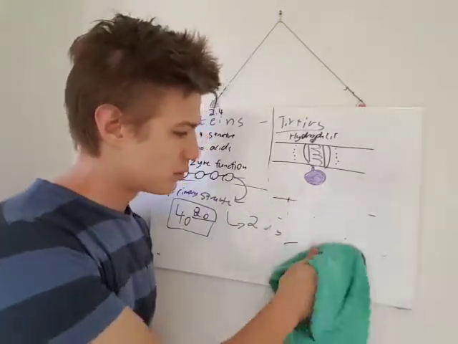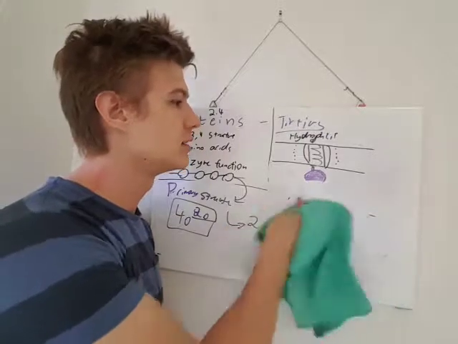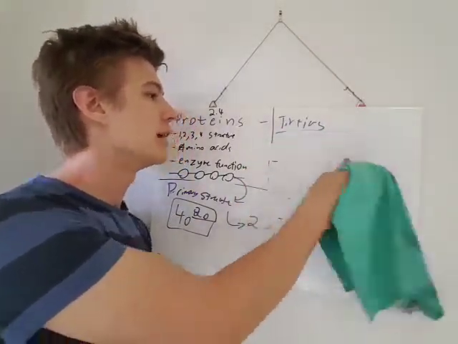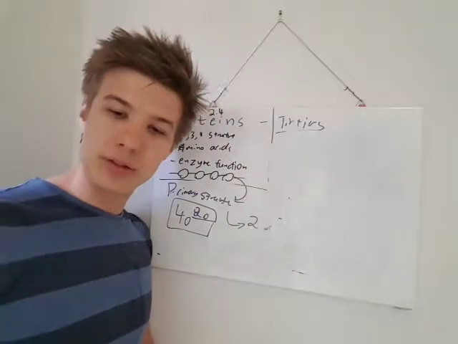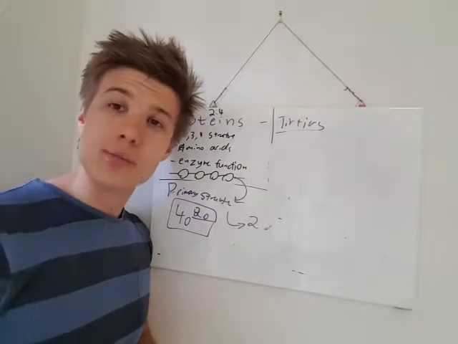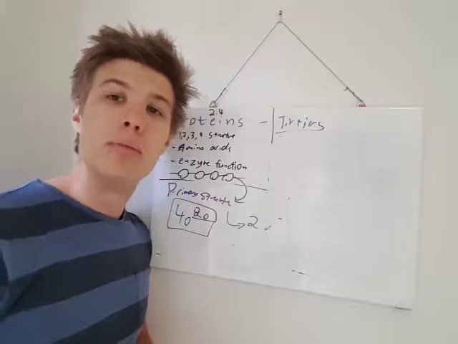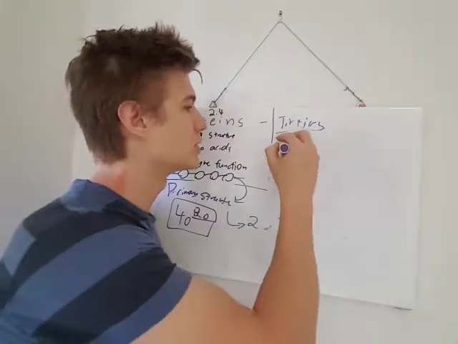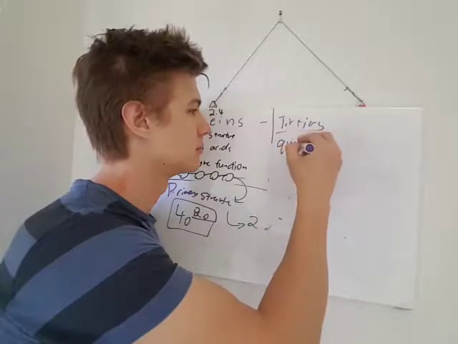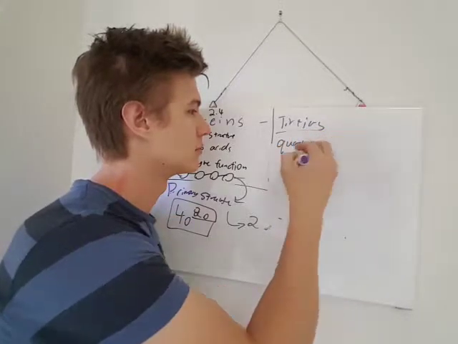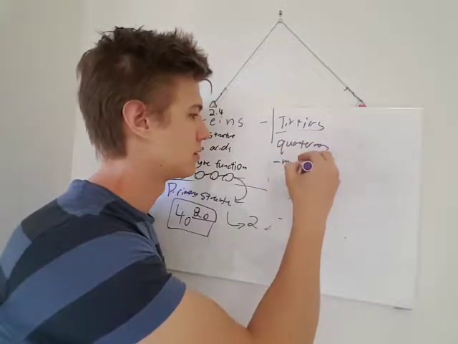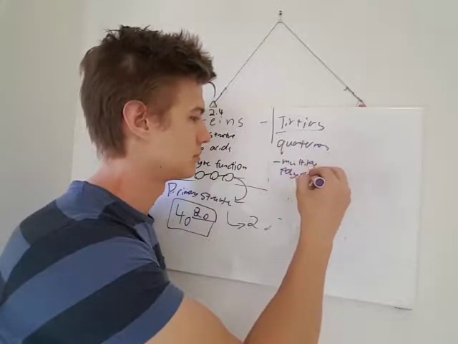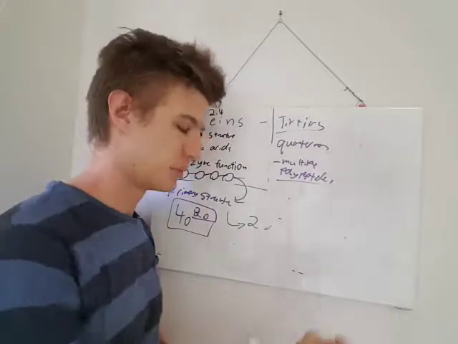So that was all in one polypeptide, alpha helices and beta sheets. And then to get the next level of complexity, and you might need to do this, you could combine multiple polypeptides. Quaternary structure: multiple polypeptides.